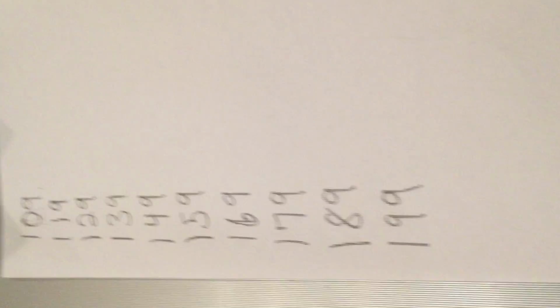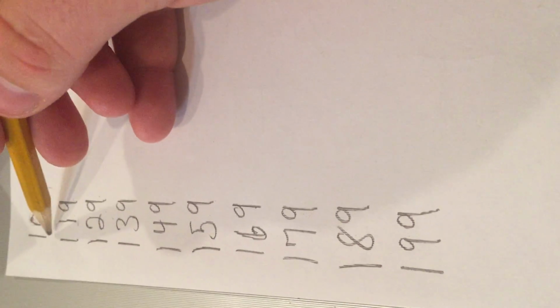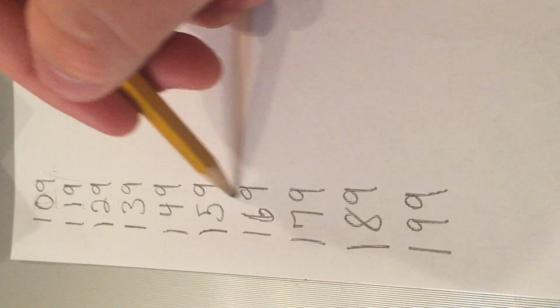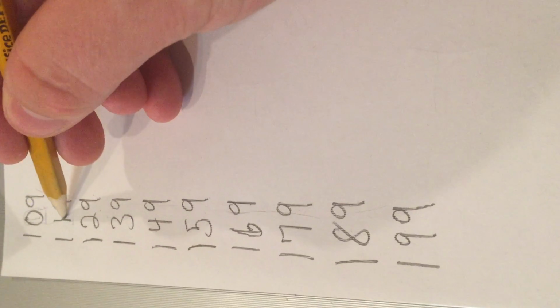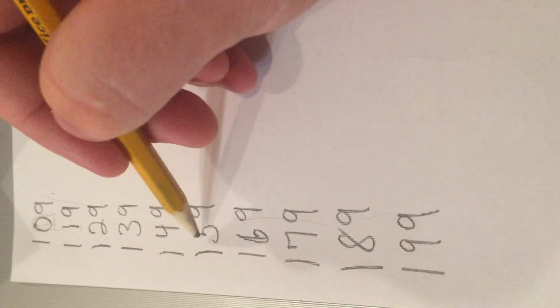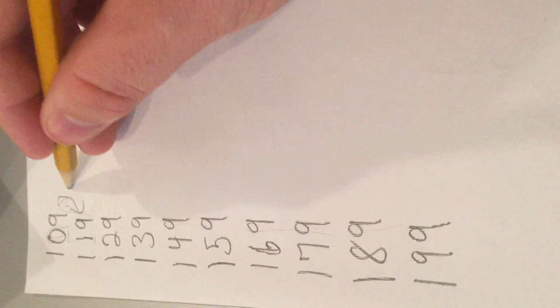Well, they're increasing by 10. Notice something. There's always 100 here. There's always 9 here, but the tens place is increasing by 1. 109, 119, 129, 139, 149, 159, 169. All that's happening here is I'm increasing by 10.